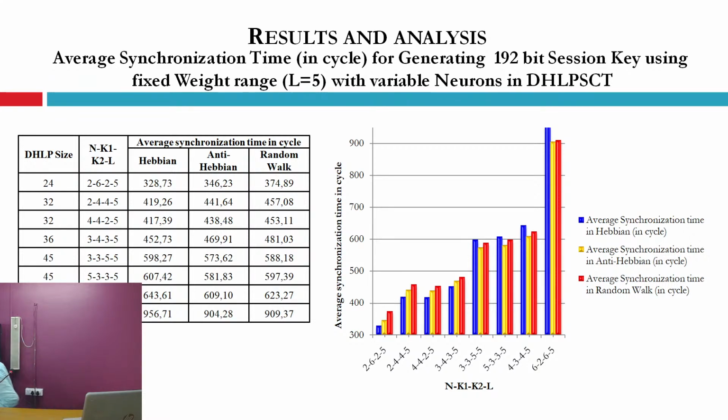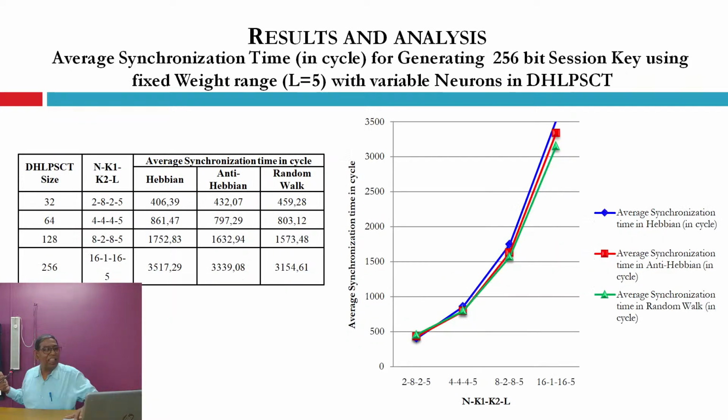There you see anti-Hebbian is giving the lowest. Again, if you extend the bit length to 256, random walk gives a good result. In all cases, whatever we have studied and implemented, random walk for high key length is good, and Hebbian for low key length is good.